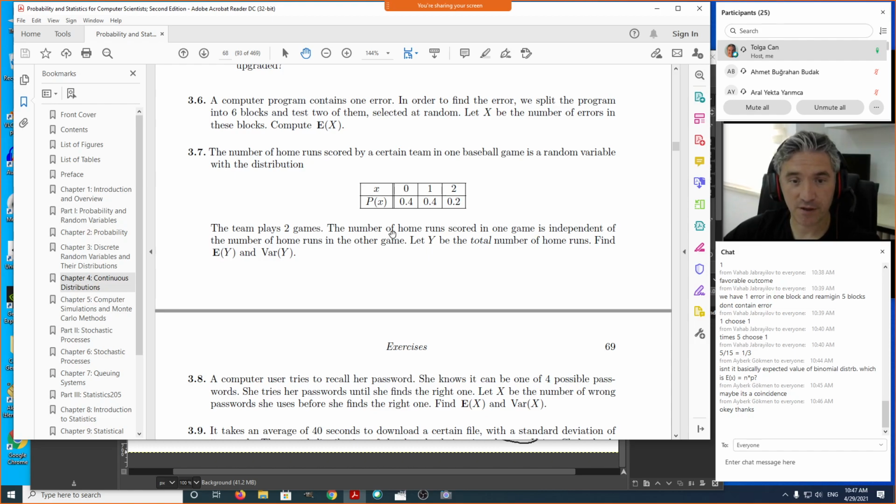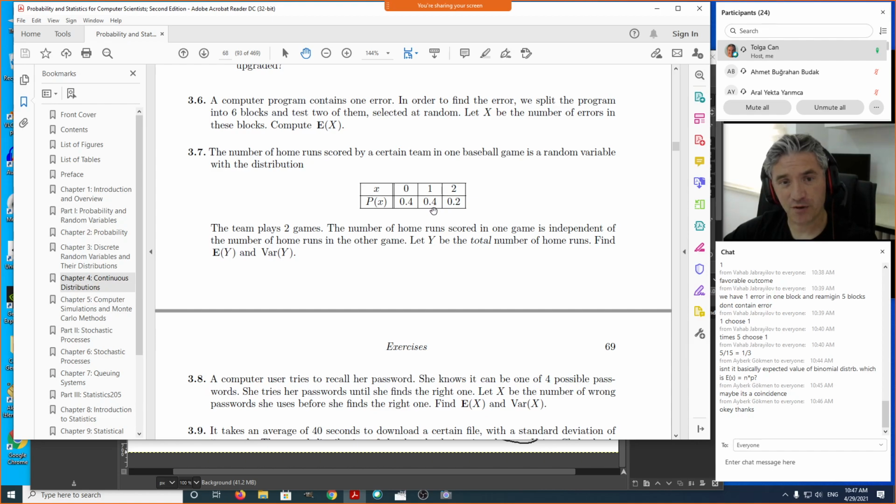Since there are two games which are independent from each other, the expected value of y will be 2 times the expected value of x, and the variance of y will be 2 times the variance of x. So how do we compute the expected value? 0 times 0.4 plus 1 times 0.4 plus 2 times 0.2.